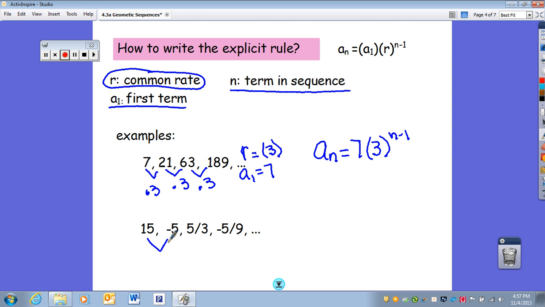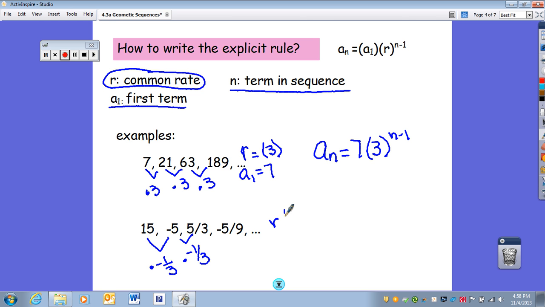In the second example, to get from 15 to negative 5, I'm actually dividing by negative 3. But remember, we're looking for a constant multiple. So instead of dividing by 3, I'm actually going to multiply by 1/3. And in order to get the correct sign, it has to be a negative 1/3. Again, multiplying by negative 1/3 would give me 5/3.